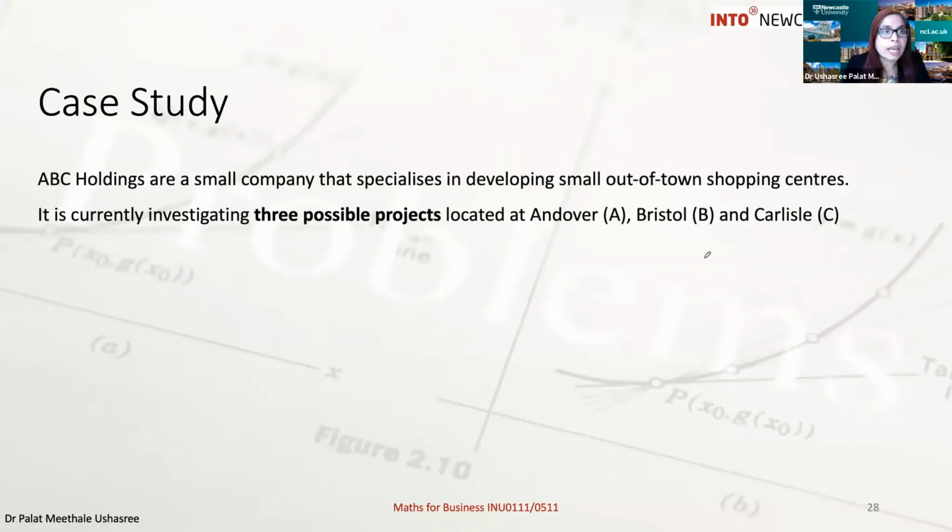ABC Holdings are a small company that specializes in developing small out-of-town shopping centers. It is currently investigating 3 possible projects located at A, Andover, B, Bristol, and C, Carlisle.